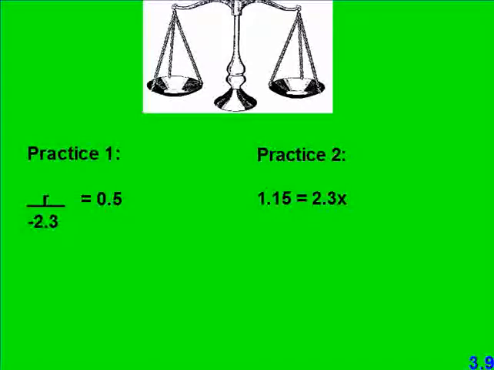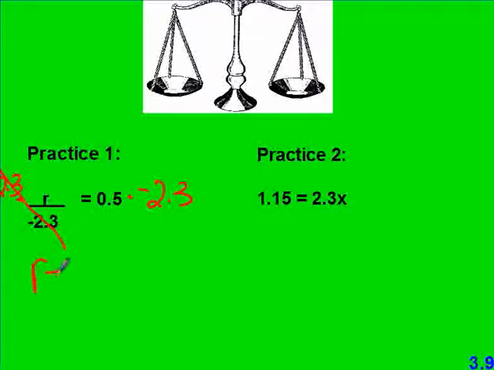Let's look at a couple examples. Practice 1. Who's bugging R? Negative 2.3 is bugging R by dividing. The opposite of dividing by negative 2.3 is to multiply by negative 2.3. The 2.3 divided by 2.3's cancel.